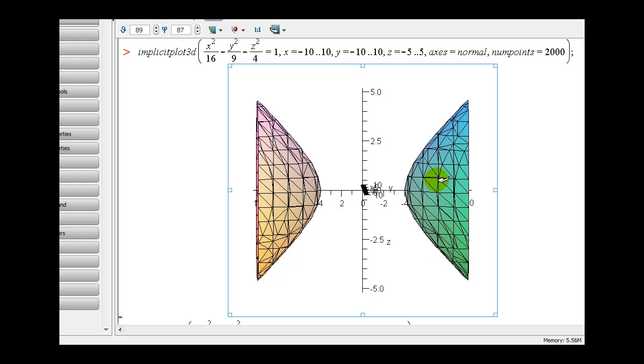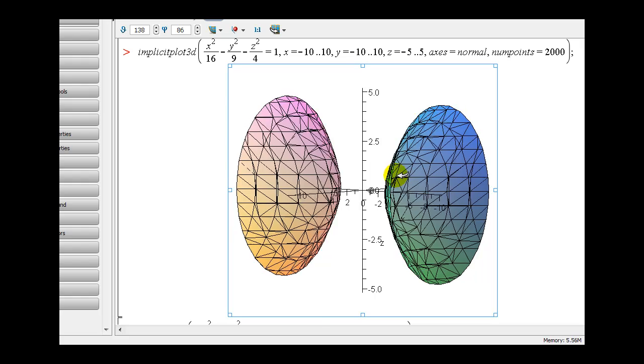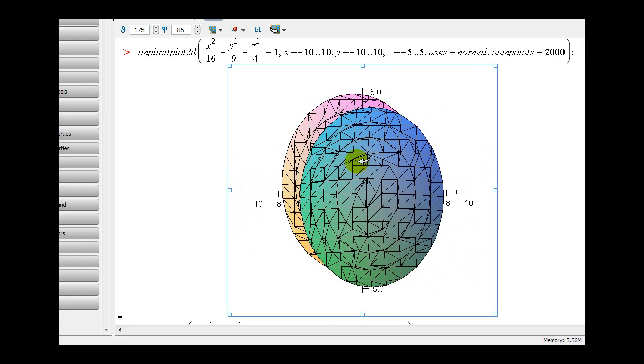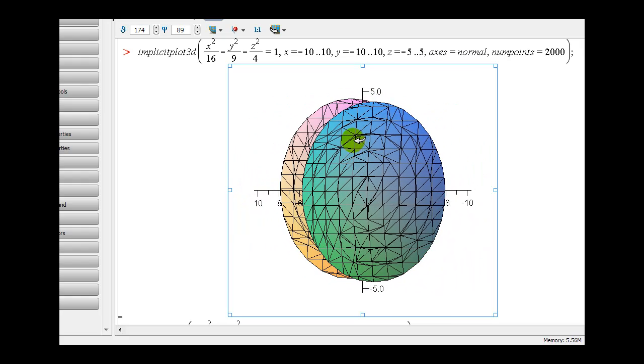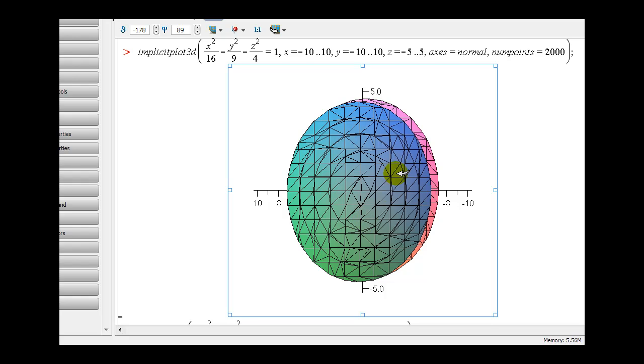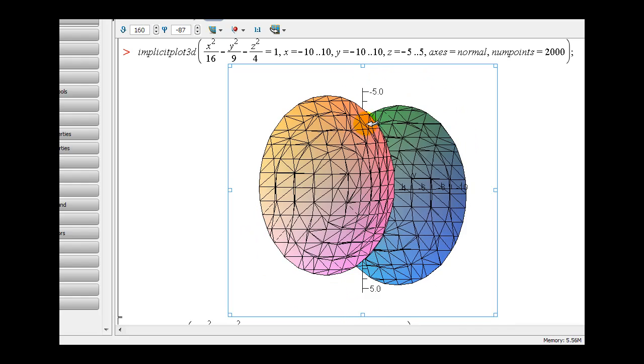And then lastly, the one that we had some difficulty with, looking at the yz trace, you can see the elliptical traces from planes that are parallel to the yz plane. This is the hyperboloid of 2 sheets.